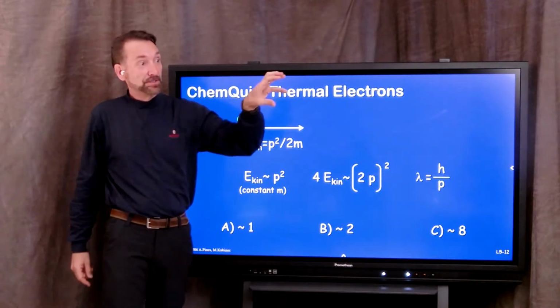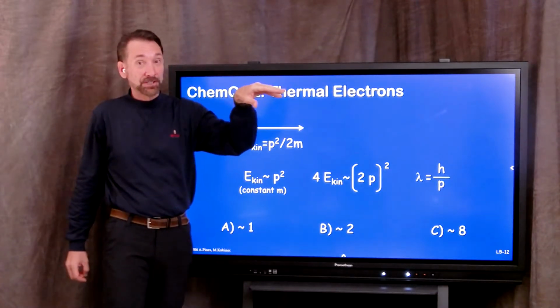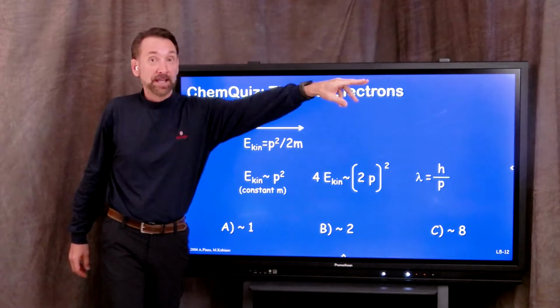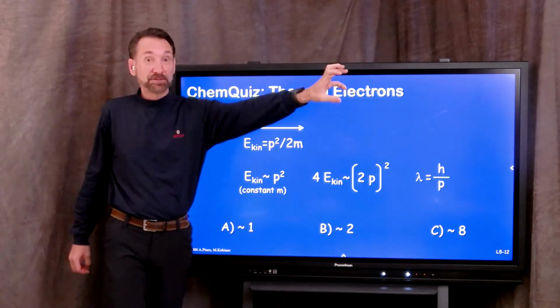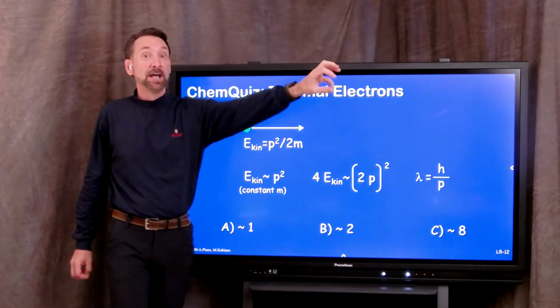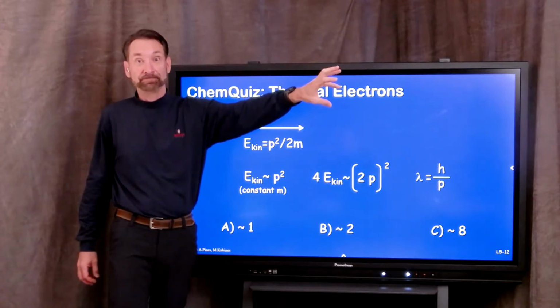Now, the sodium atoms, you can also get them going mostly in the same direction if you have a beam of sodium atoms, or if you have sodium atoms that are very, very low in temperature to start with. So very diffuse and not very many of them.